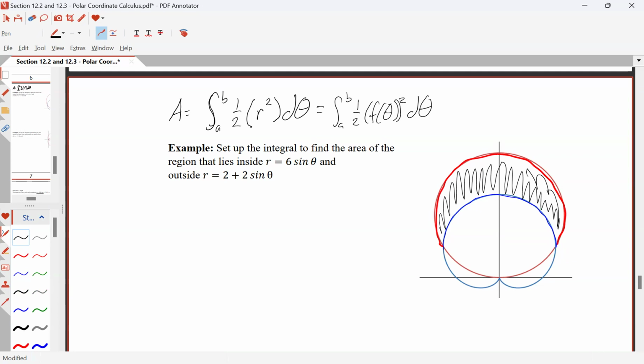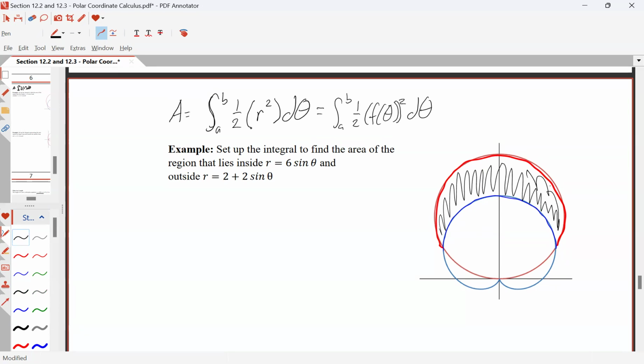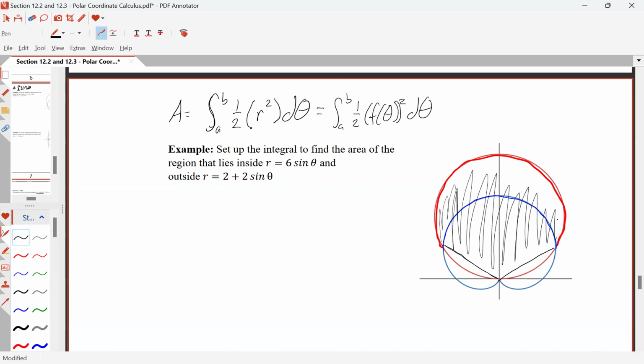And if this feels reminiscent of area between curves, that's because it is. We have an outer area, which would be our red circle, and then the inner area that's getting subtracted off. If I just want to find the area inside the red circle, I could take the integral of 1/2 (6 sine theta) squared, and it would find the region inside the red circle.